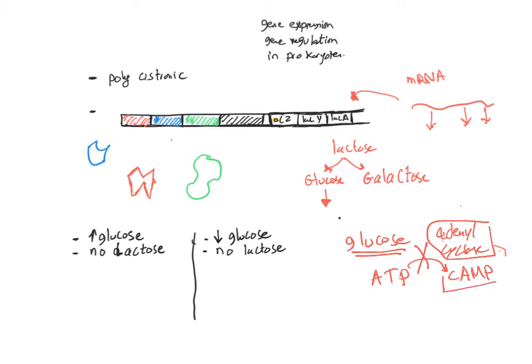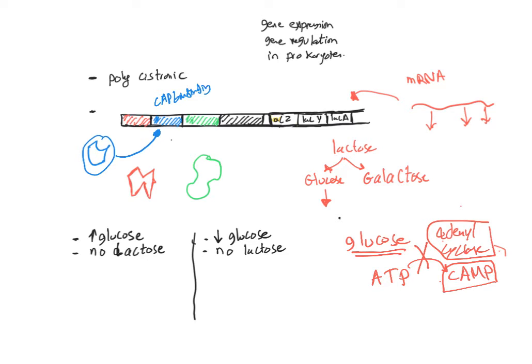The main reason we need cyclic AMP is as a binding component with CAP. CAP is this one in blue, and it binds in this region here in blue, which is the CAP binding site.